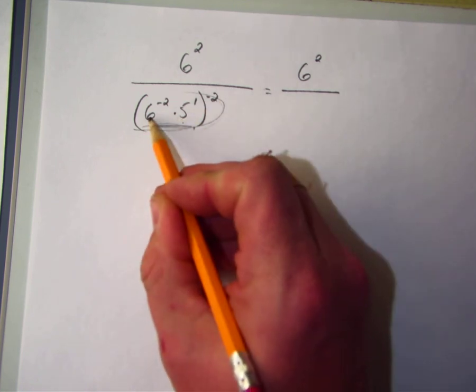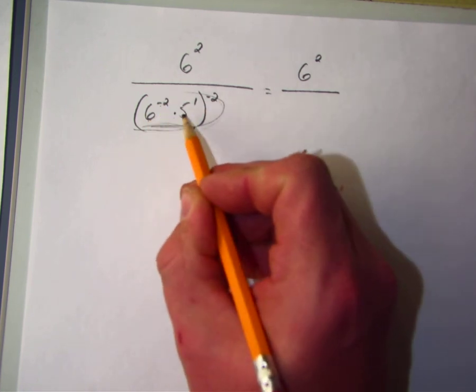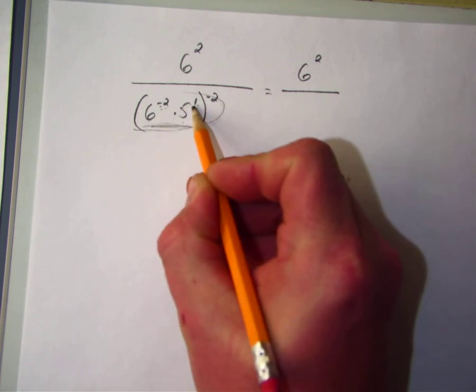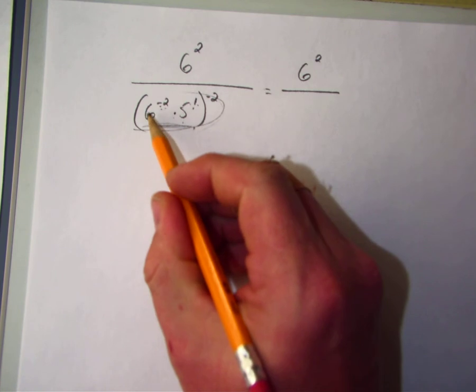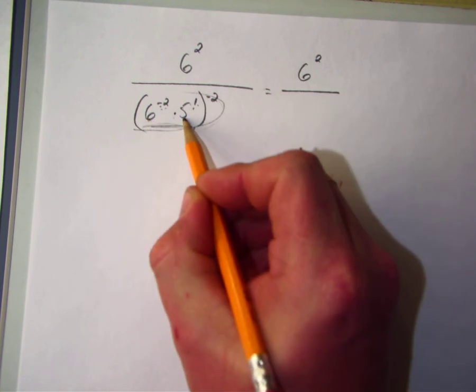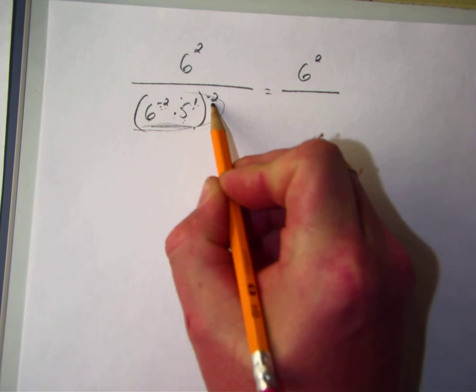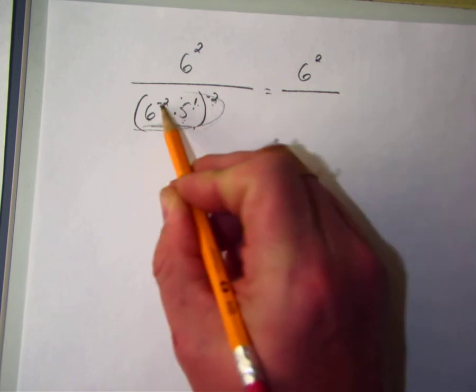So this is 6 to the negative 2 times 5 to the first power. Can I add these two exponents? No, because the bases are not the same. So I can't do anything with these. But I have a negative 2 out here, which means I can distribute it.